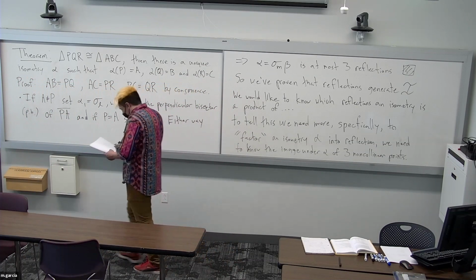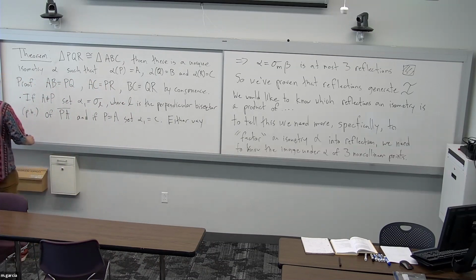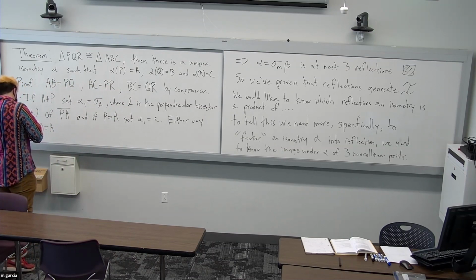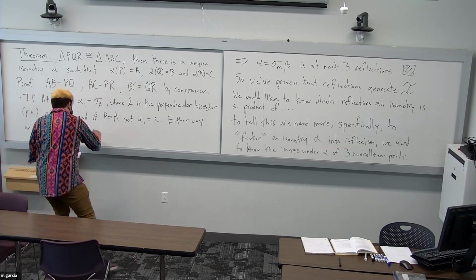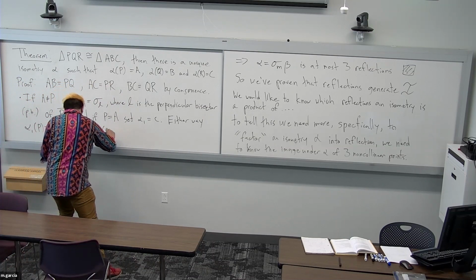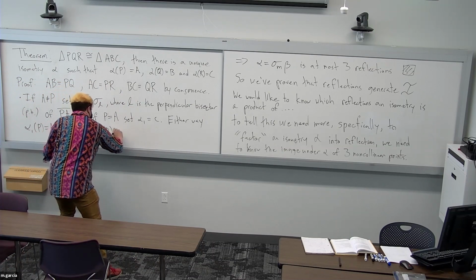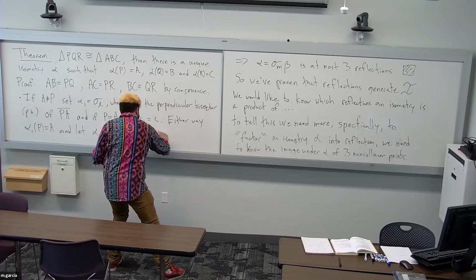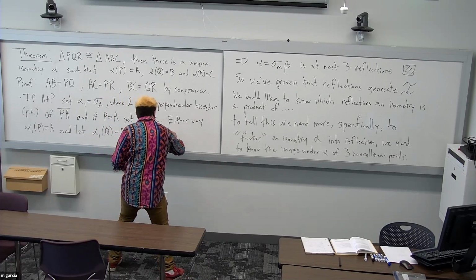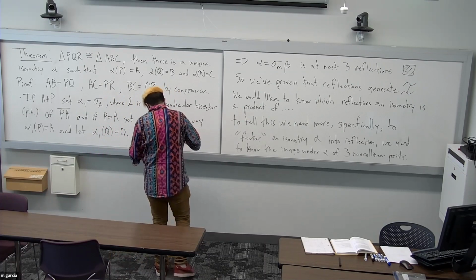Either way, we have alpha 1 of P is equal to A. And let alpha 1 of Q be equal to Q1, and alpha 1 of R be equal to R1.